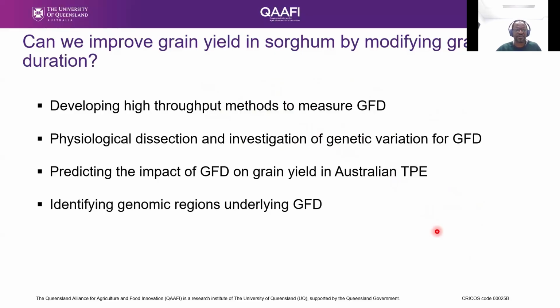We also sought to understand the physiology behind these traits, and also try and predict the putative benefits of these traits in production environments of interest for sorghum. And the last aim was to identify any genomic regions that underlie grain filling duration. However, in the interest of time, I'll discuss the first 3 questions that we sought to answer in today's talk.